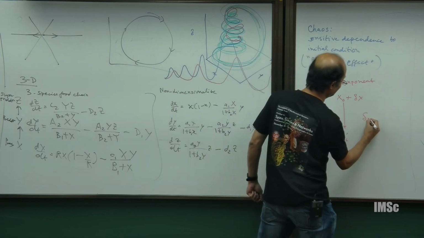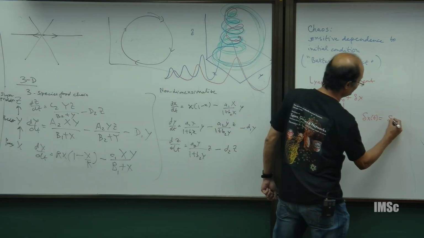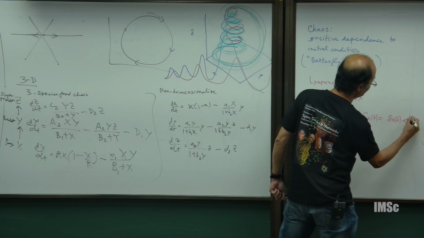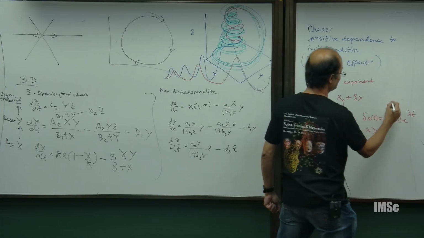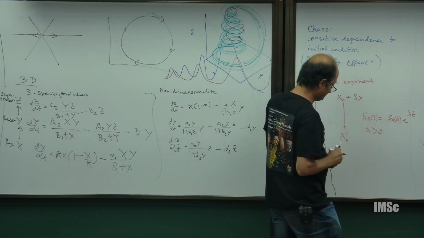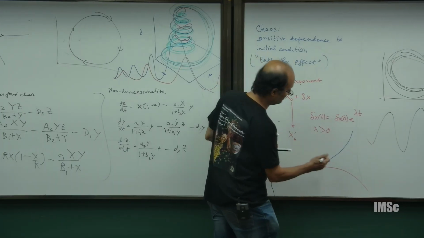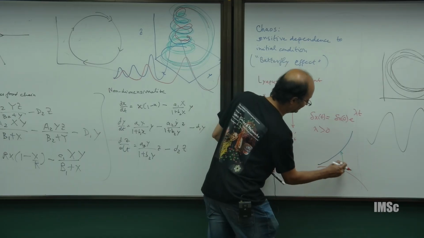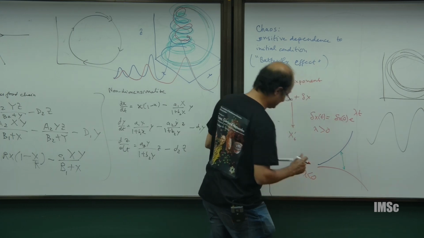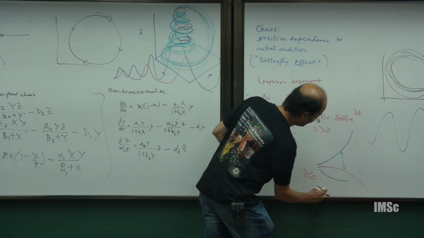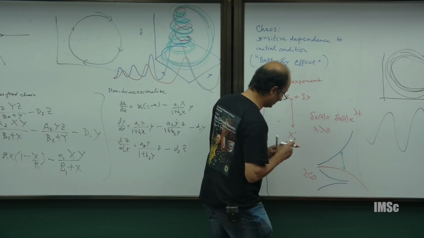The deviation from the neighboring trajectory would go as delta x naught e to the power lambda t. If lambda is positive, the two trajectories are diverging like this, and you are measuring the rate of divergence, how quickly it is diverging. Whereas if lambda is negative, the two trajectories are going to converge, and you are measuring how quickly they converge.